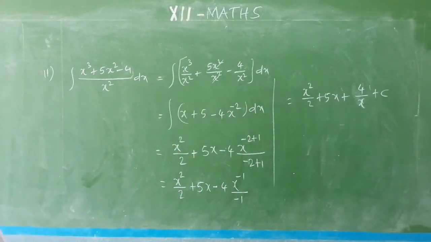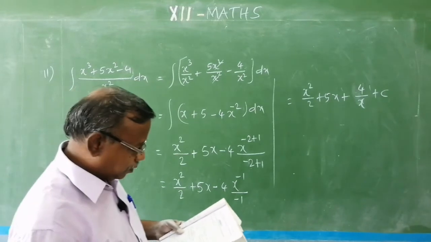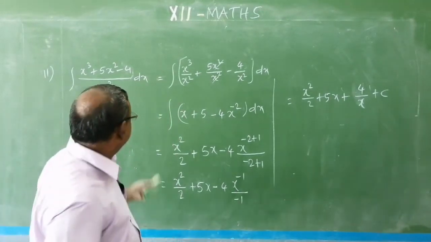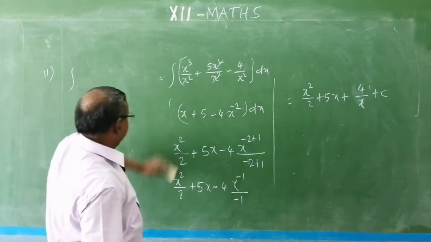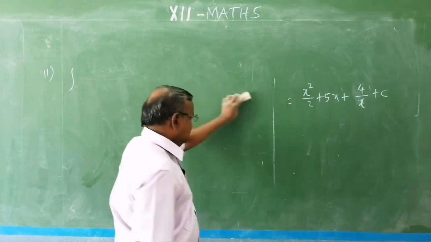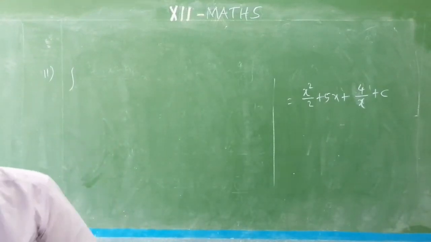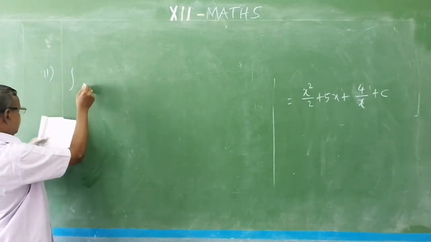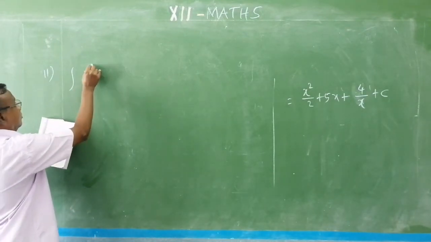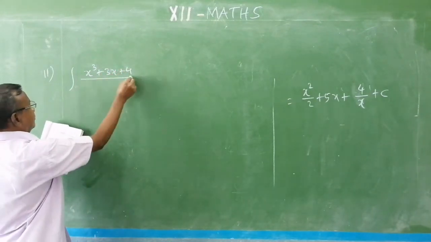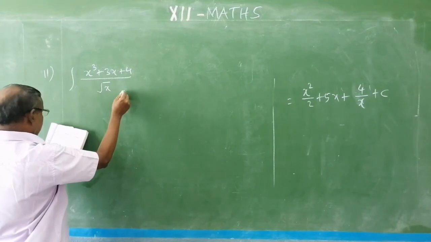Similarly you can do the 12th problem, I give you the idea. The 12th problem is integral x cube plus 3x plus 4 divided by root x into dx.